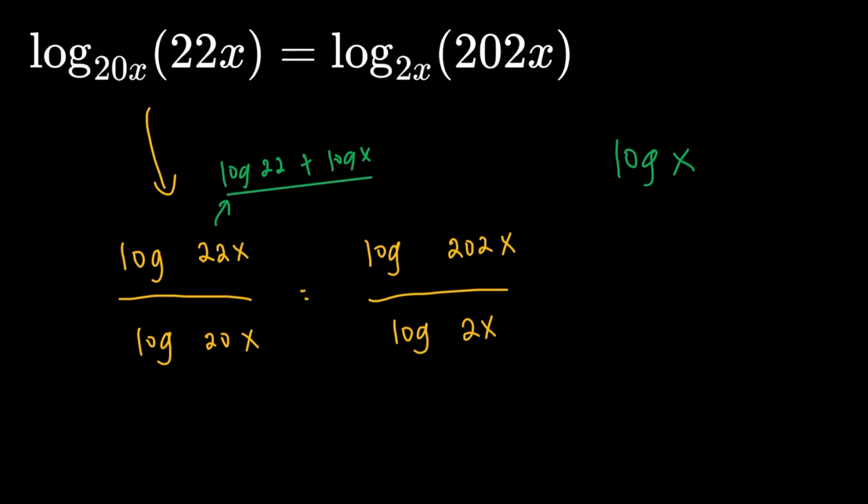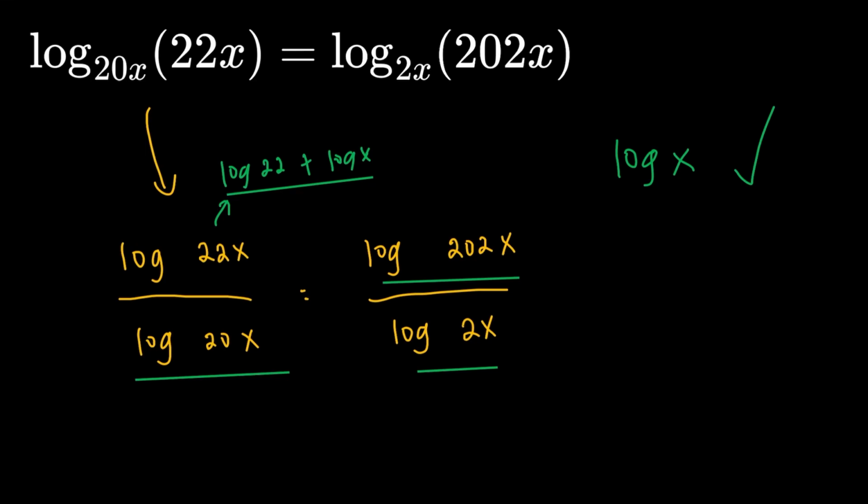I could do it also for the other three terms here, and essentially this will be an equation in terms of log x. But I think it's going to be pretty bad because log 22, log 20, log 202, and log 2 aren't really nice values. So this probably might not be the strategy for the question.